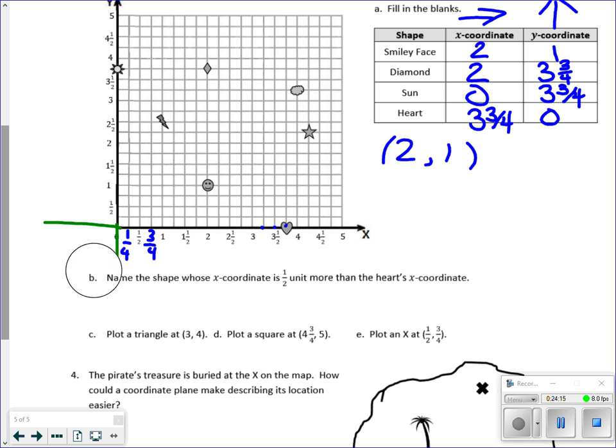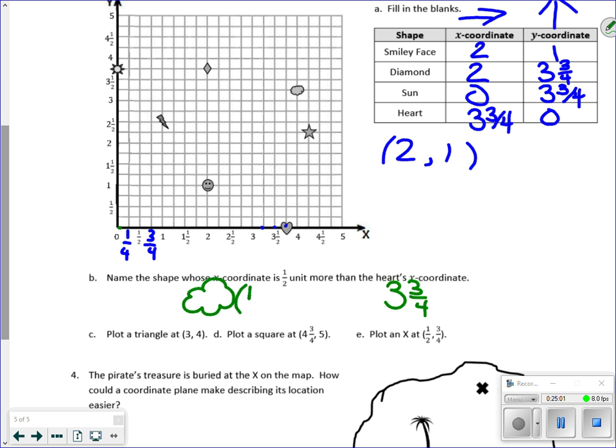Name the shape whose X coordinate, so X would be here, whose X coordinate is 1/2 unit more than the heart's X coordinate. So the heart's X coordinate is 3 and 3/4. So we need the shape whose X is 1/2 more. So I've heard the cloud.